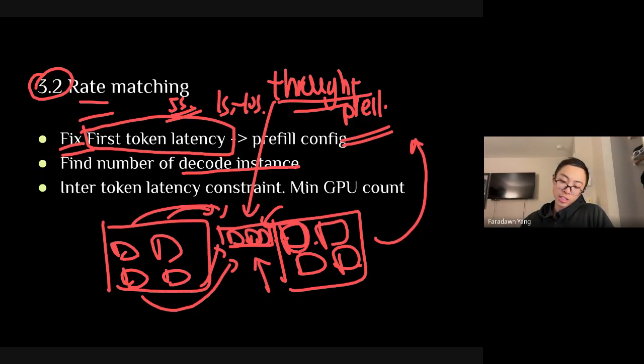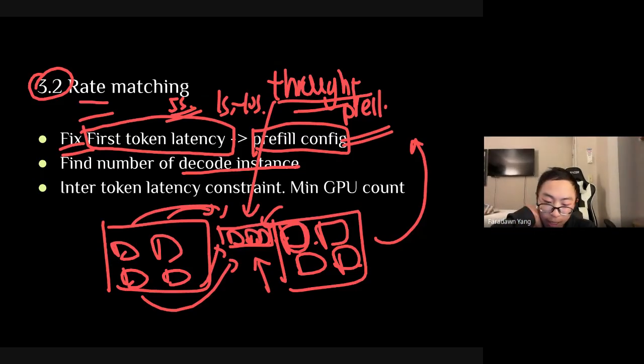So this constraint will determine the prefill configuration, right? Since if we have this target, we can use pipeline parallelism and the number of GPUs to match this latency target.